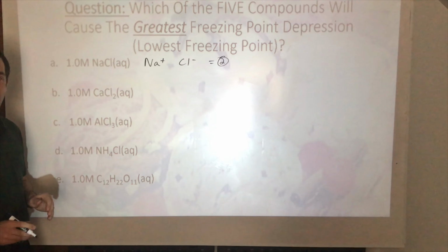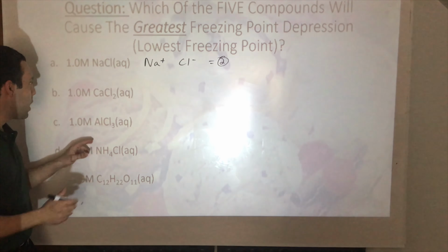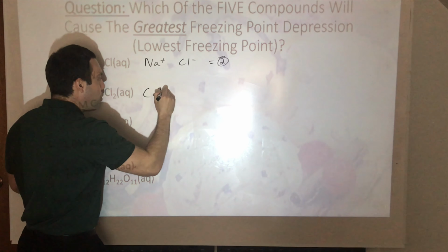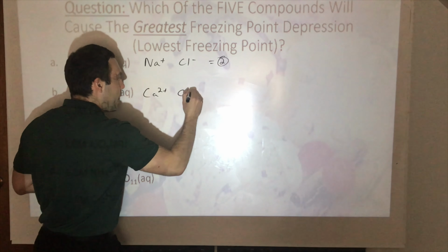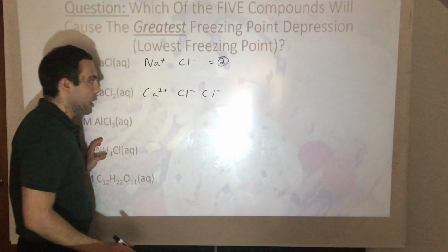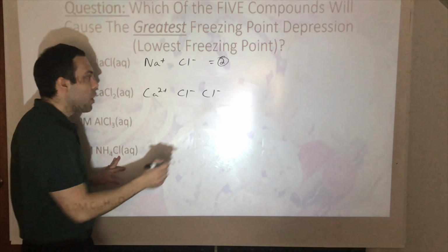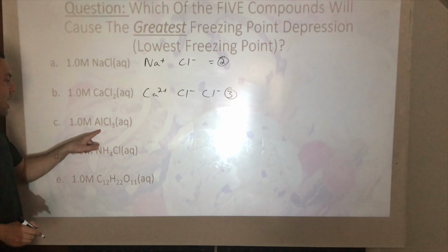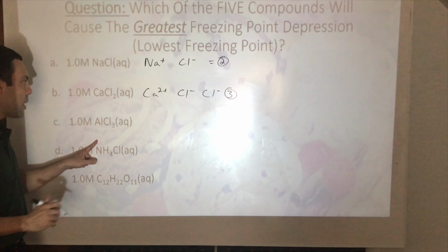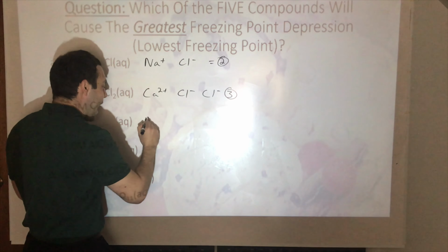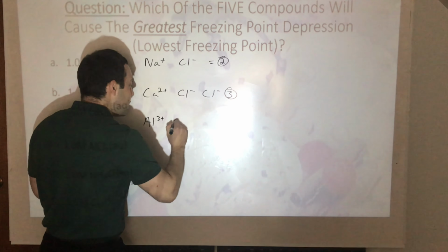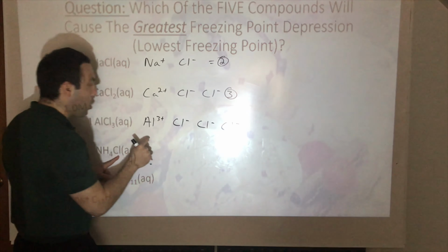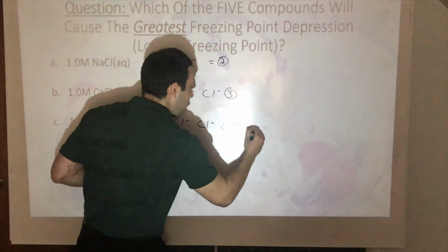When calcium chloride dissolves into solution, it dissociates into Ca2 plus, Cl minus, and Cl minus, a total of 3 particles. For C, AlCl3, it dissociates into Al3 plus, Cl minus, Cl minus, and Cl minus, a total of 1, 2, 3, 4 particles.